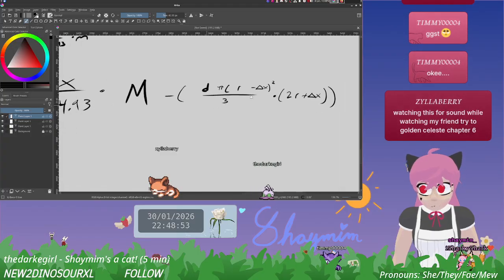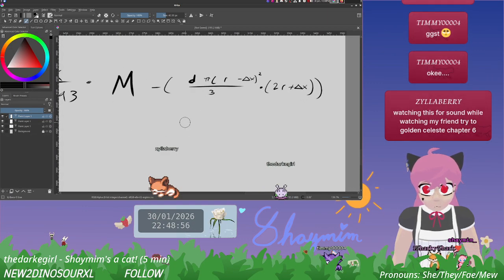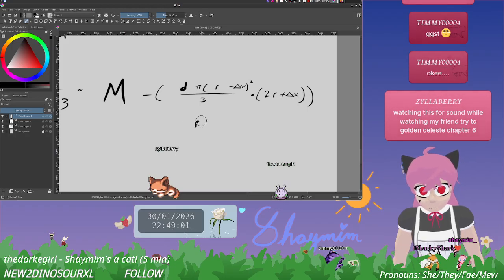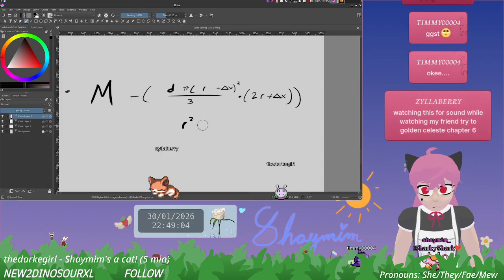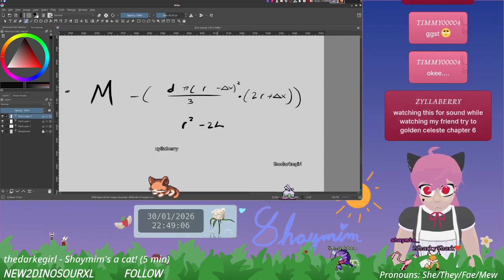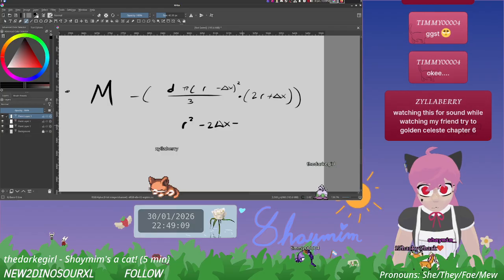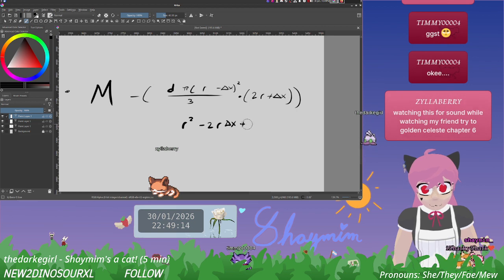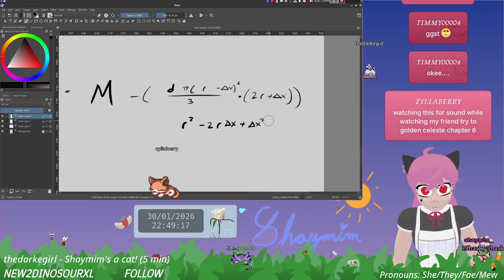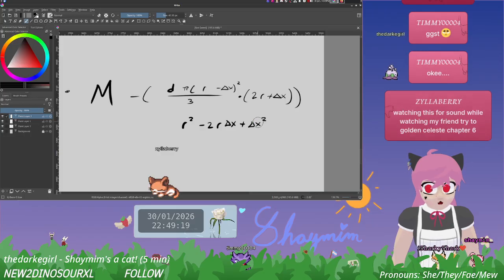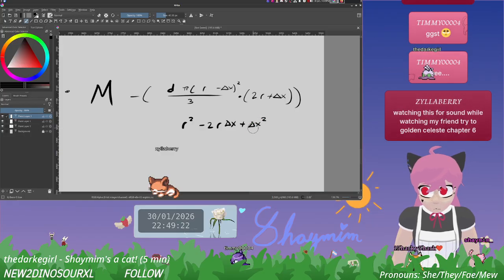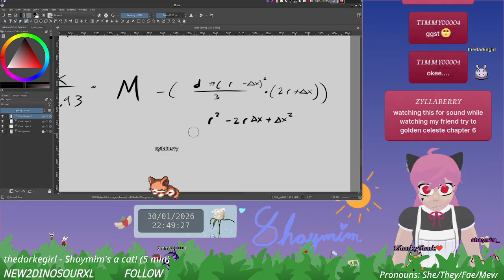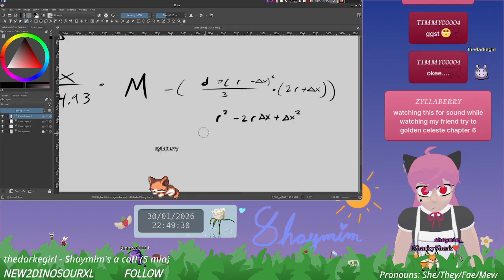Alright. So what we have here is R squared, then minus 2r delta x, then plus delta x squared. I'm not so certain I can deal with a delta x squared. I don't think that's allowed, but we will see. And then we have the density times pi here.